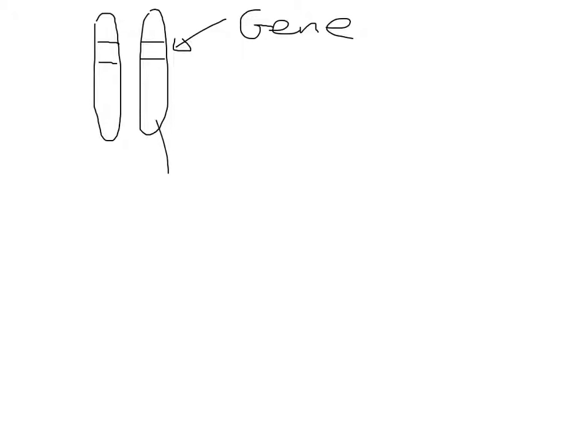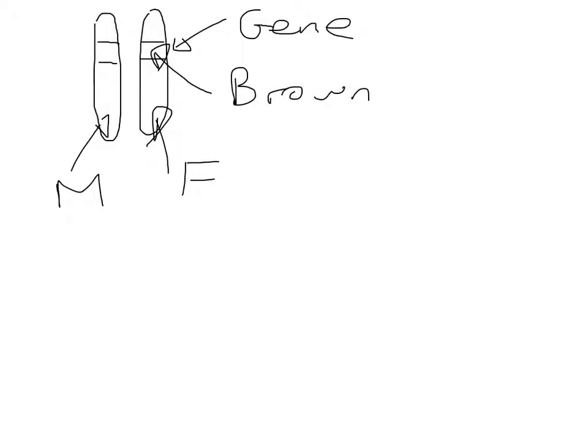And this chromosome you inherited from your father, and this chromosome you inherited from the mother. And let's say the father provided a gene for brown hair, and the mother for blonde hair. Which one's going to be shown?